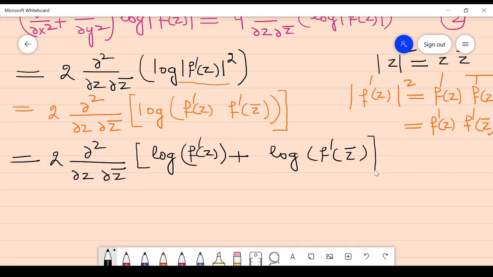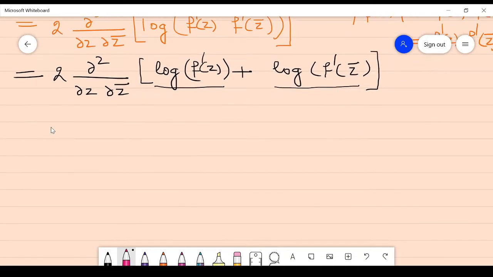Now this is a function of z and this is a function of z conjugate. So here z conjugate is constant, and in this case z is constant.